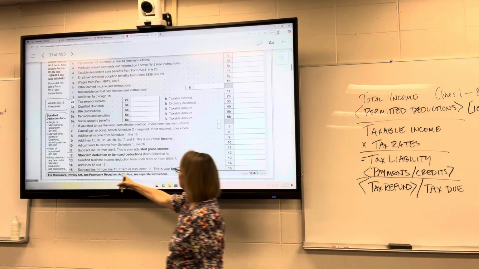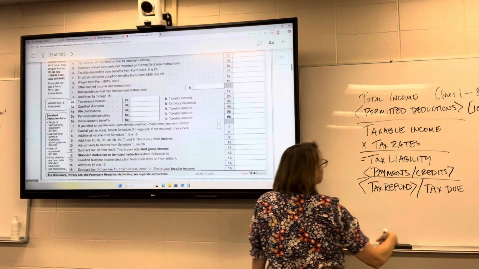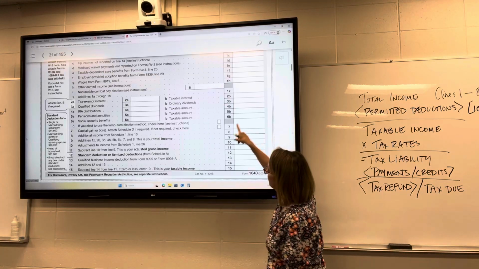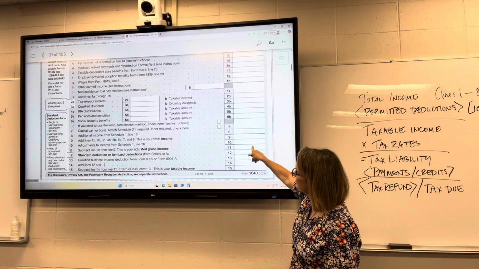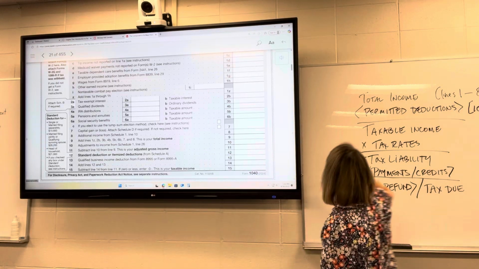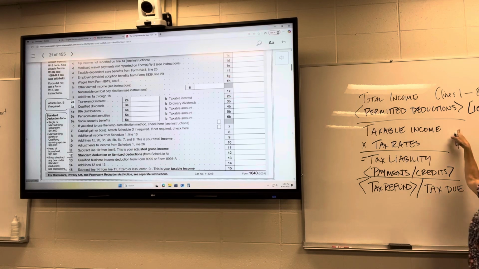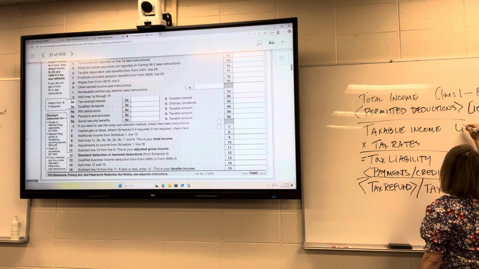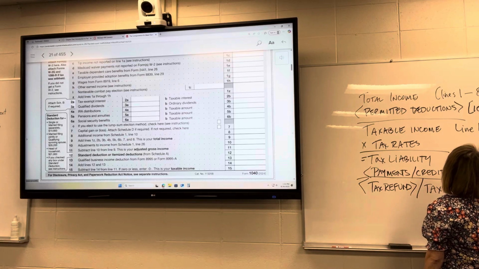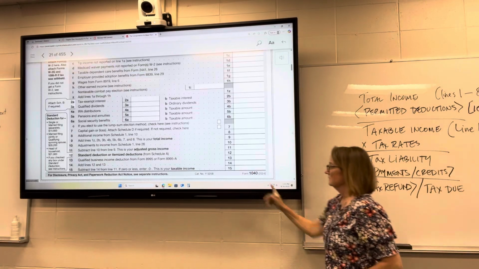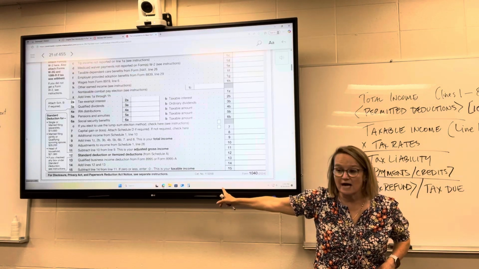And then what we do is we subtract 14 from line 11. Remember I said there was this adjustment, I should say 11 up here. Total income, 11. We take that minus the total that was up here, and that is our taxable income. This is line 15. It's convenient. It's the last line on the first page.